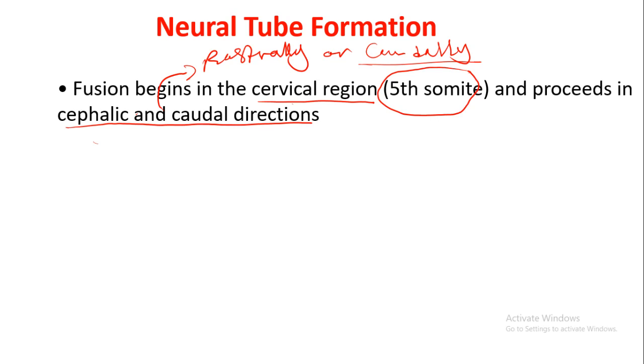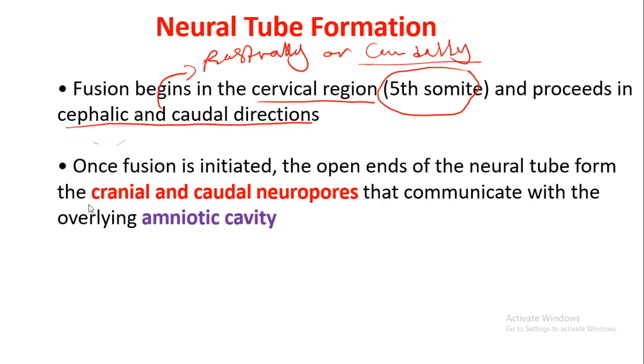we need to understand that there is a fusion, and this fusion leads to the formation of two important neuropores. The first neuropore we talked about is the anterior neuropore, also known as the cranial neuropore, and it is the one which is going to close on day 25.